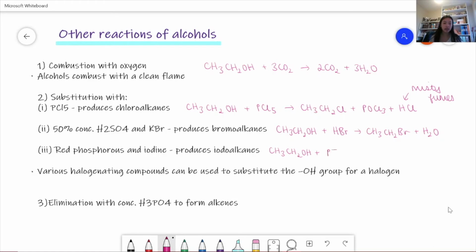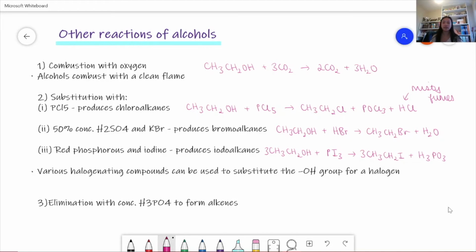So that has a formula of PI3, and then we need 3 moles of ethanol, and this will form 3 moles of iodoethane and also phosphorous acid, H3PO3. And so we can see that various halogenating compounds can be used to substitute the OH group for a halogen.